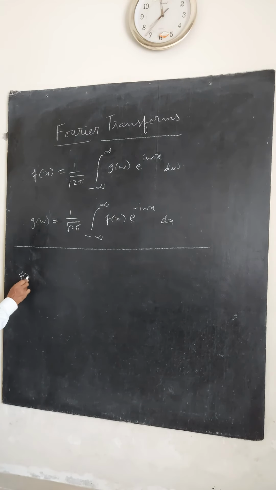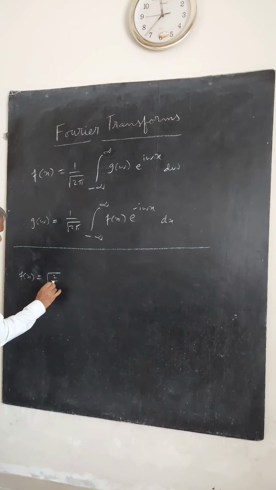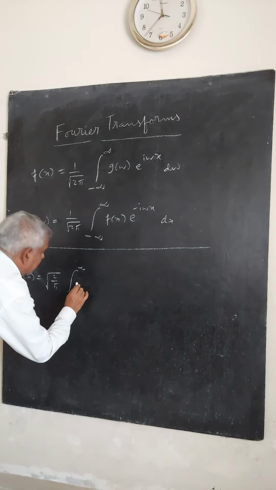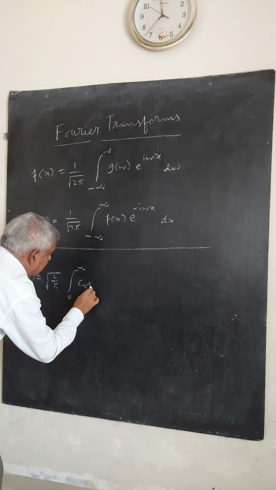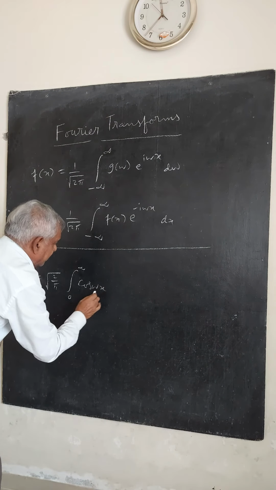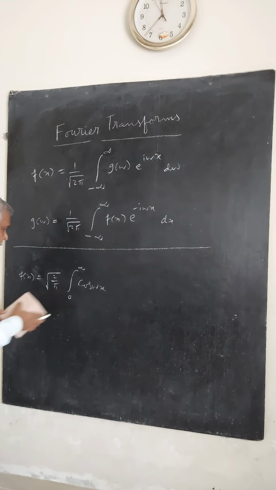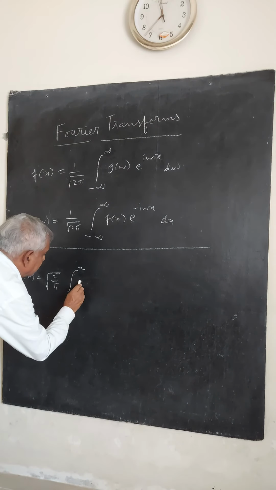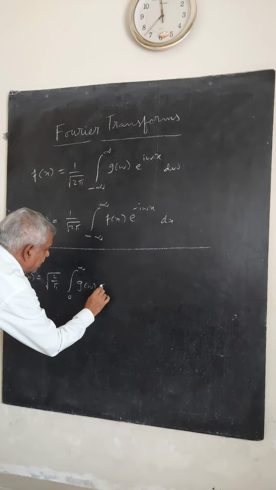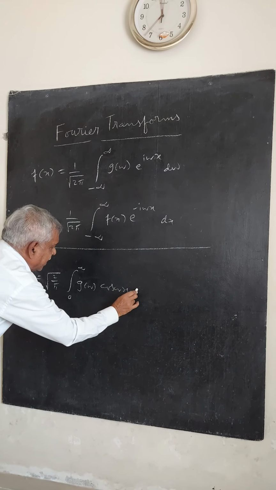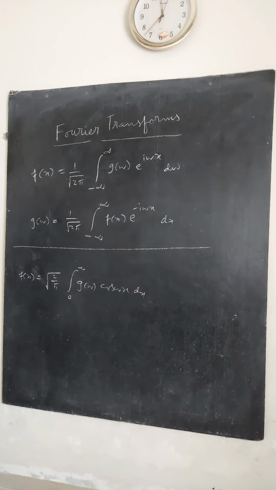f of x equal to root of 2 by pi, integral from 0 to infinity, g omega cos omega x d omega.